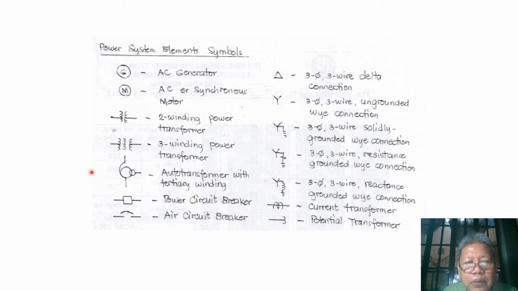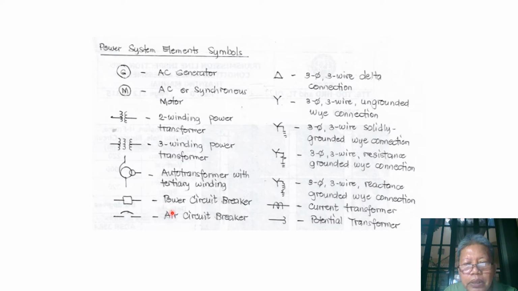And for auto transformers, when drawing single line diagrams, we can represent them as this one. The big circle here represents the primary and the secondary, whereas the small circle intersecting the bigger circle will be for our tertiary winding.